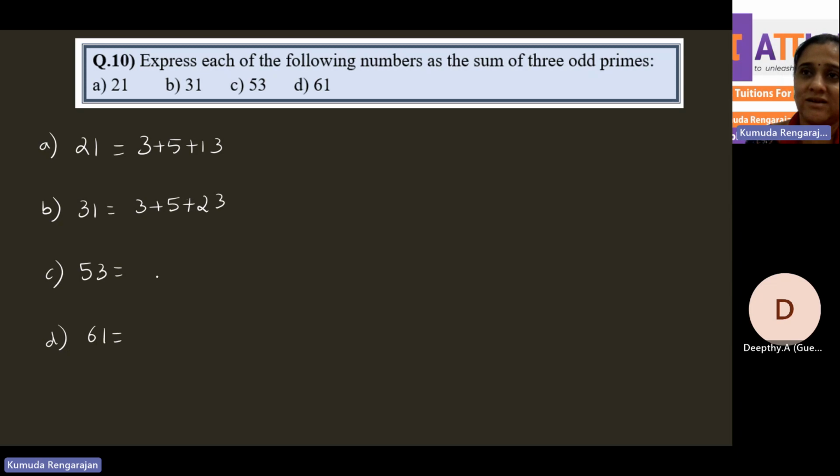Fourth one, is it? 23 plus 3 plus 3 is 29.